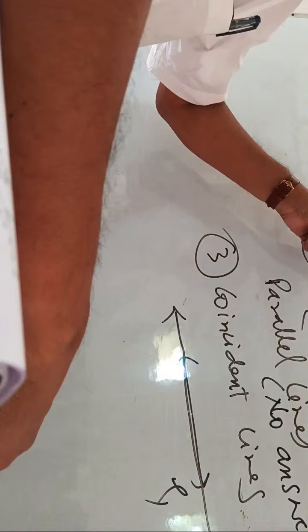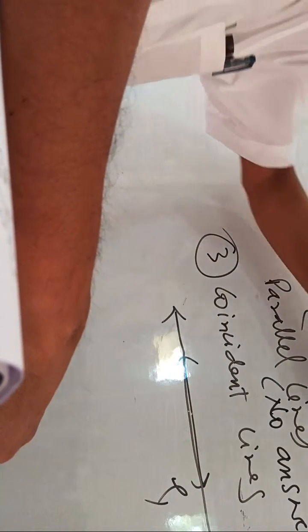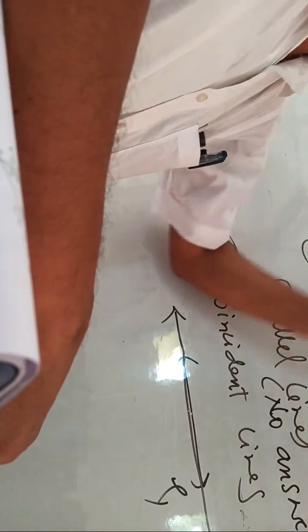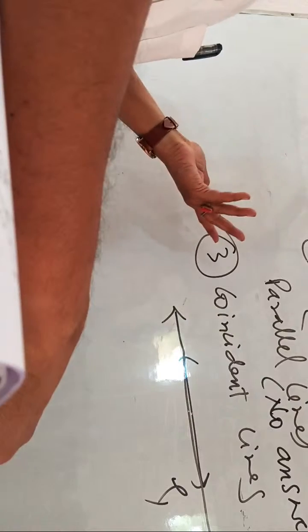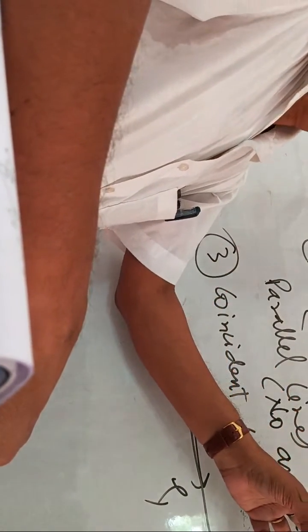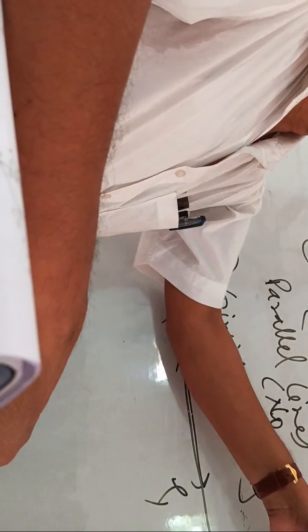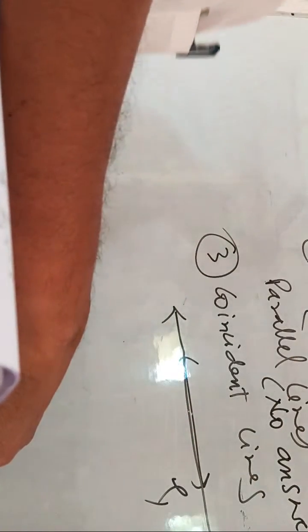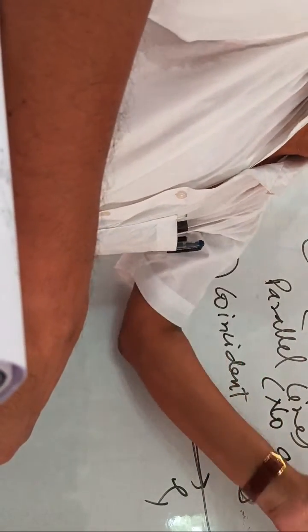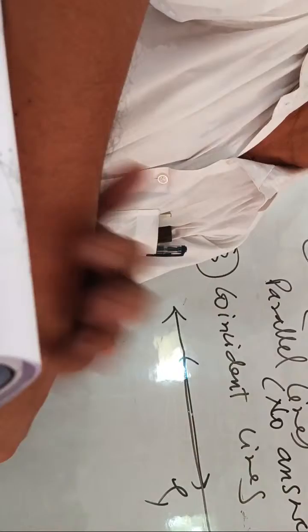In the first case, in the case of intersecting lines, the format of the equation will be like this: a1 by a2 is not equal to b1 by b2. In the second case, the format of the equation will be a1 by a2 is equal to b1 by b2, not equal to c1 by c2. So, since they are not equal, there will be no answer, no point of intersection.